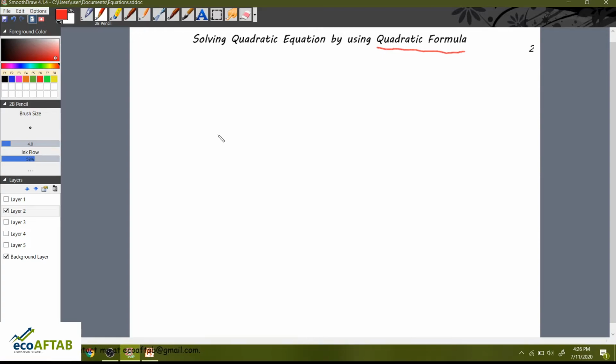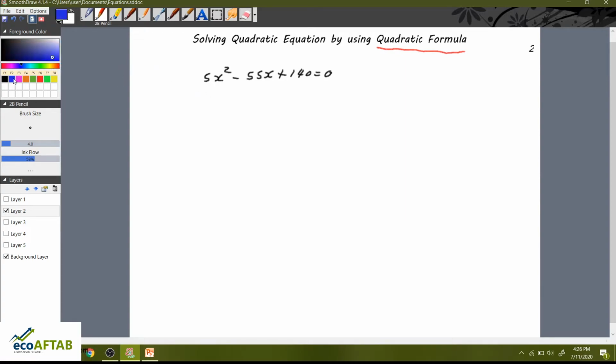Let us take, for example, an equation in the form of 5x square minus 55x plus 140 is equal to 0. So how to solve this quadratic equation with the help of a formula?